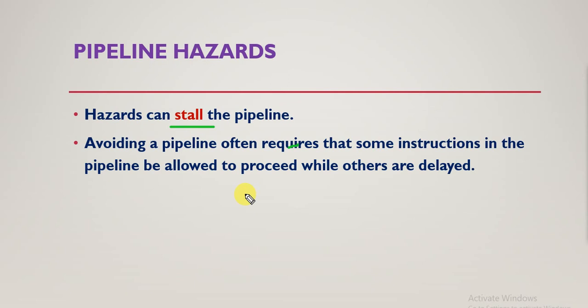Due to these hazards many problems happen, so we should have some provision for the solution of that hazard also. While finding that solution, we need to add some additional things to the pipeline architecture. That will again increase the cost as well as affect the overall speed of the pipeline.